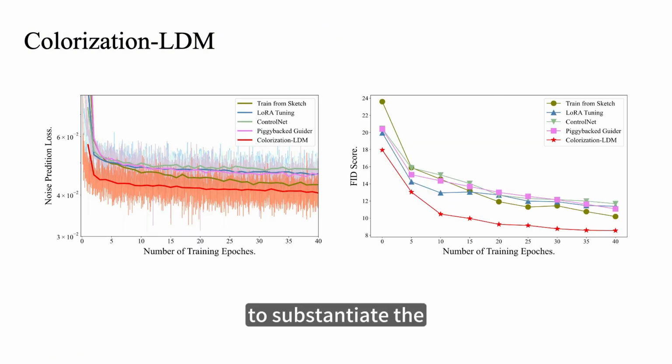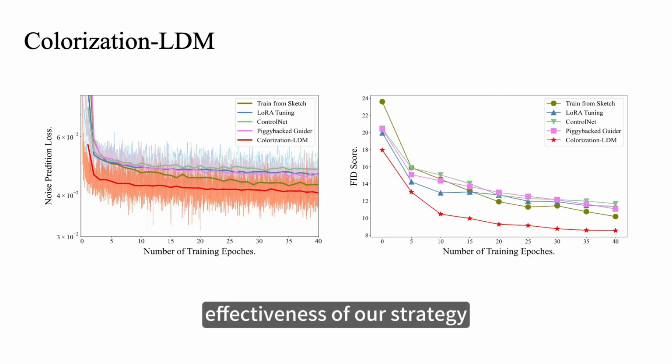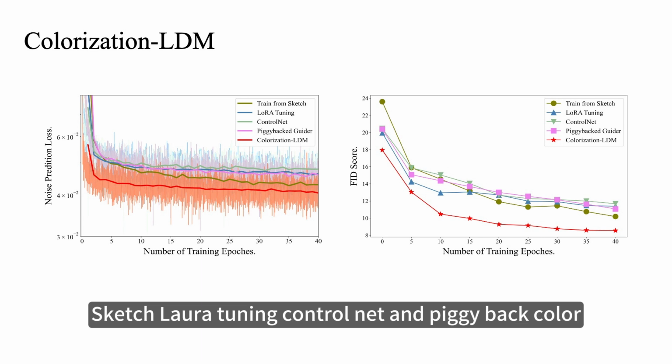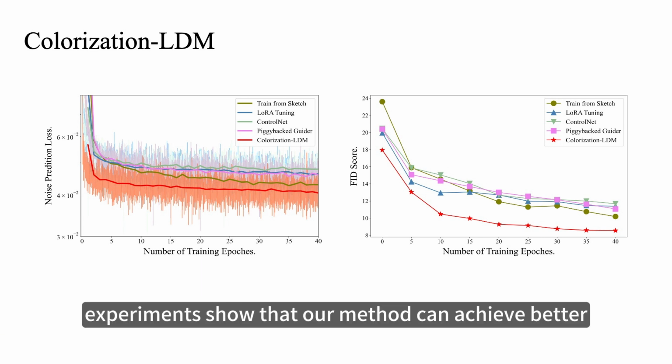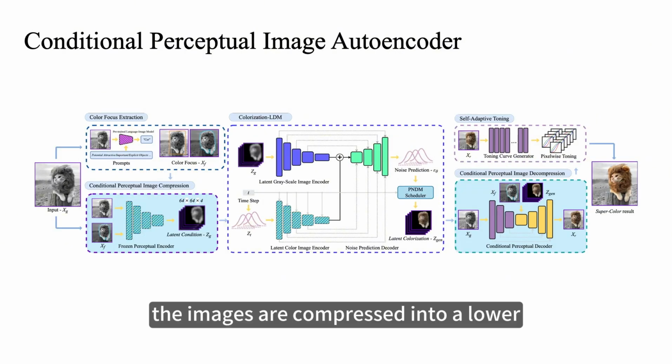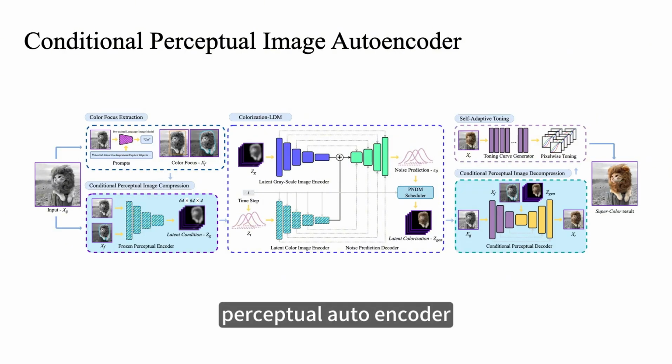To substantiate the effectiveness of our strategy of freezing some parameters in the LDM and tuning the decoder, we compare our colorization LDM with training from scratch, LoRA tuning, ControlNet, and Piggybacked Color. Experiments show that our method can achieve better performance with the same training process. The images are compressed into a lower scale of tensors with the perceptual autoencoder.